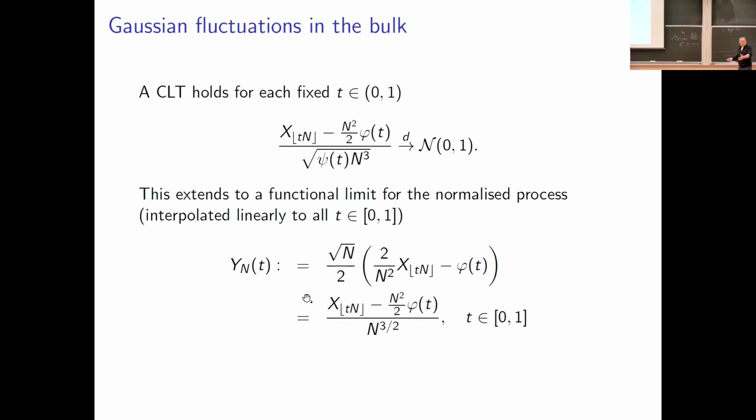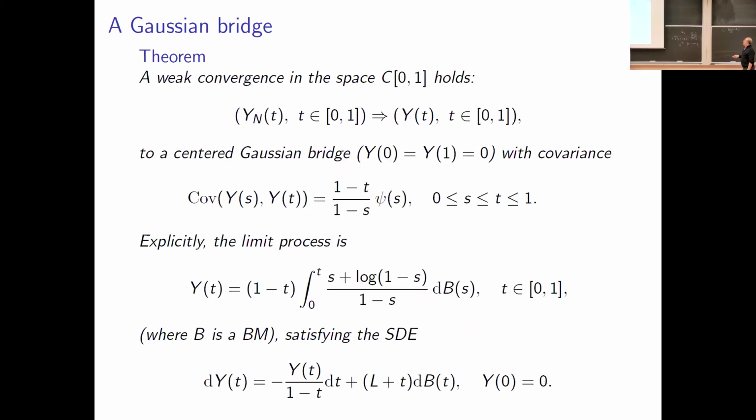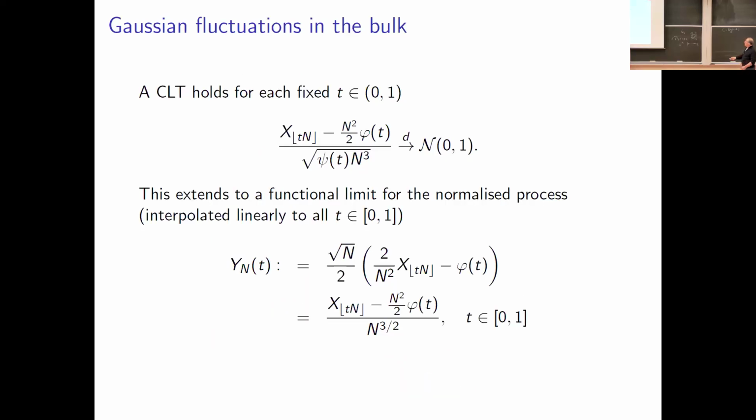So just center the process and scale by some power of n, and look at what happens. Okay, so what happens is the following. Let's call this process the scaled number of vertices Yn. For each n, we have some piecewise continuous process, and look at what happens in the limit.